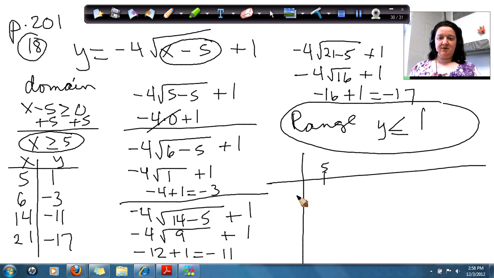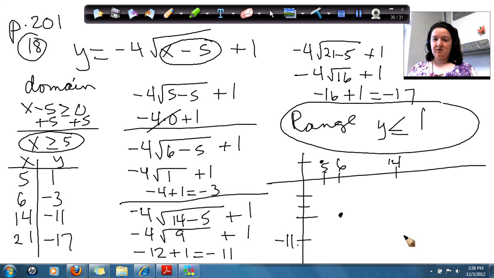We're going to have 5, 1, then 6. Oh, 5, 1, got the wrong place. 6, negative 3, and then out here we've got 14, call this a negative 11, and then we've got 21 over here, call this a negative 17.